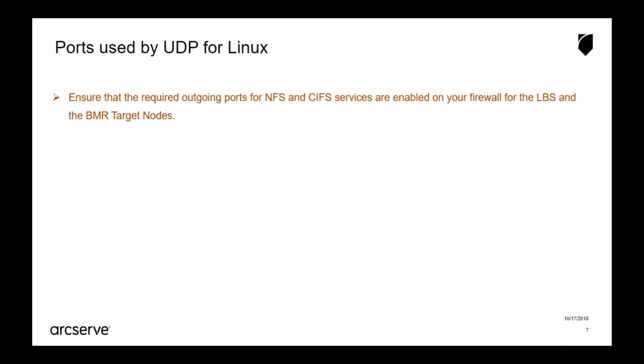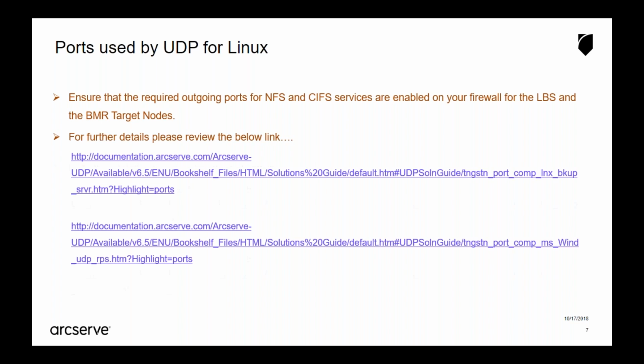Now, if you're using NFS and CIFS services to store your backup data, you need to open up the relevant ports for NFS and CIFS, the ports for which are documented in our guide. We can refer to them and open up the relevant ports.